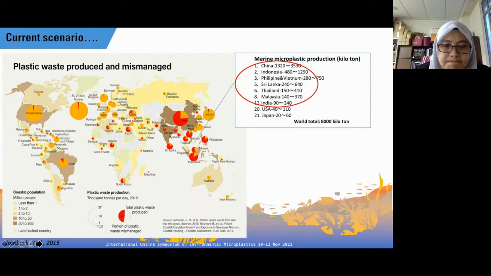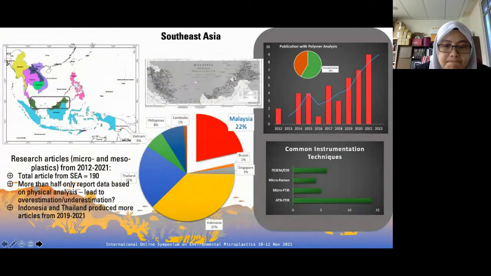This data is from 2015, and the recent numbers have changed a bit, but this region is still among the top countries that need to work hard to manage this issue. That's my personal opinion.